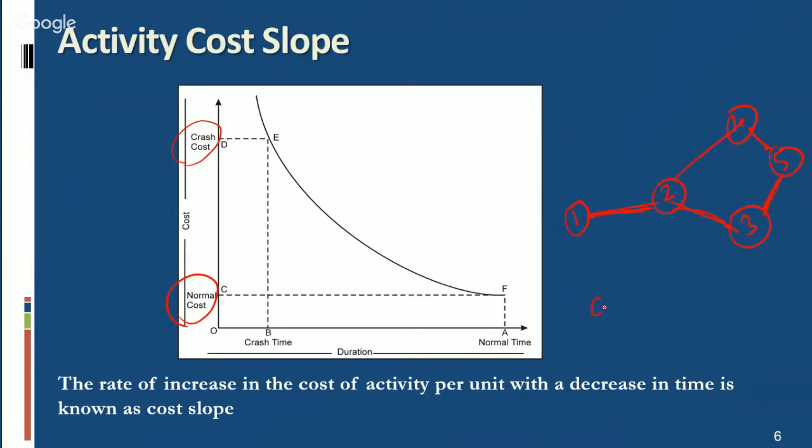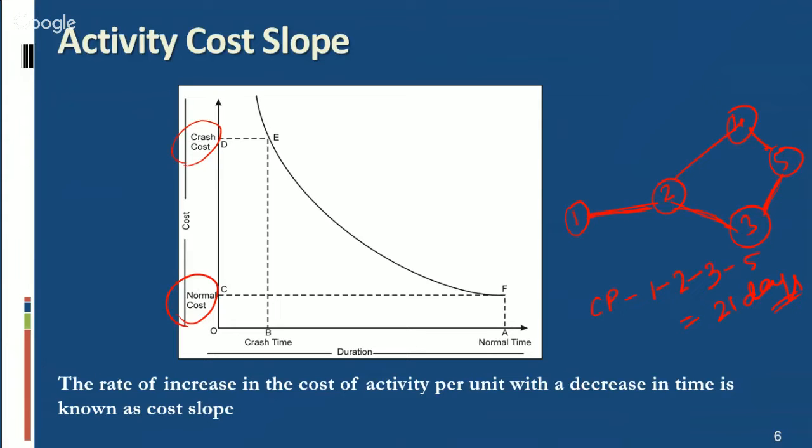Suppose the critical path in the example is activities 1-2, 2-3 and 3-5, and suppose the critical path time is 21 days. This means that the earliest possible time to complete the project is 21 days. Before 21 days, there is no possibility to complete the project.